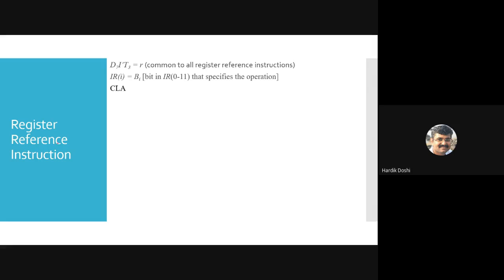CLA occurs at time D7, I dash, T3, B11. That means when D7 is 1, I is 0 or I dash is 1, T3 is 1 and bit 11 is 1, at that time the CLA instruction will occur.